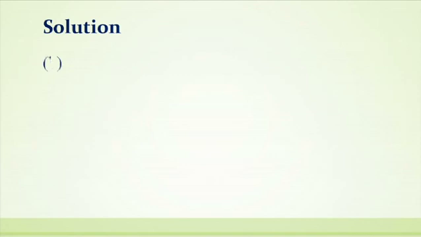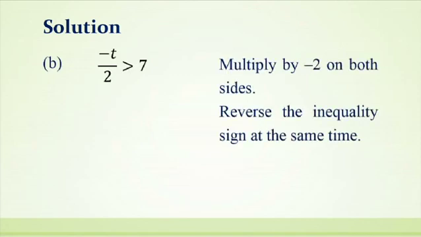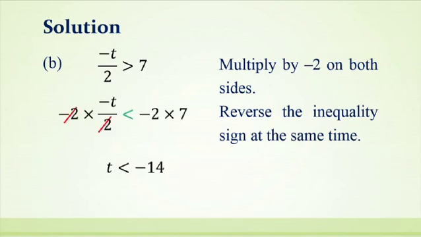Similarly, part B, -t/2 > 7. So here I will have to multiply by -2 on both sides and reverse the inequality sign. So this gives me t < -14. Part C, 2 - 3x < -16.